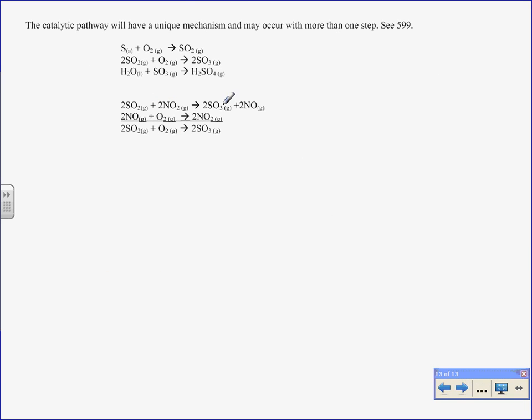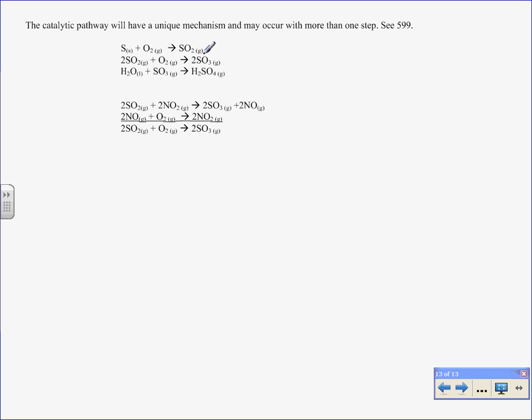So for example, if you look at this reaction, making sulfuric acid out of sulfur and oxygen could occur in this three-step process. So you can take a minute and examine that three-step process.